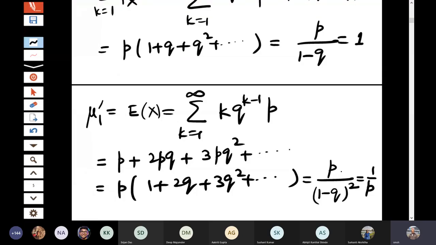So it is 1 by p. So in the dice tossing problem, if we are looking at a fair dice, then what is the expected number of trials needed for the first time you get a 6? So on the average you expect 6 times.